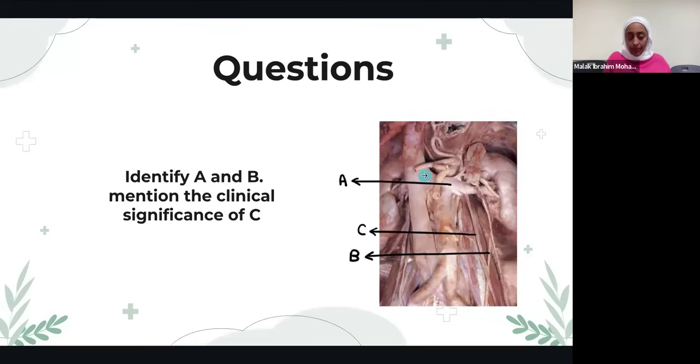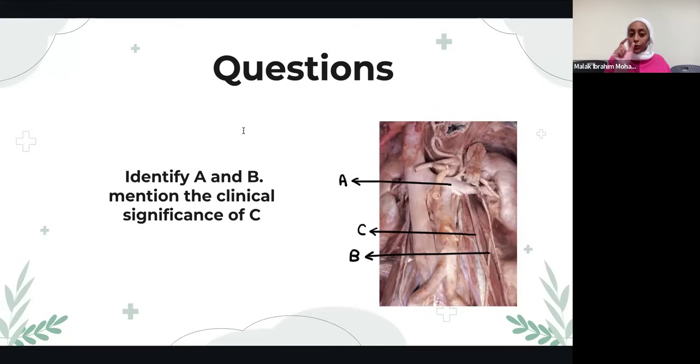And this one. What's A and what's B? And tell me what's the clinical significance of C. To get the clinical significance of C, you have to know what C is first.